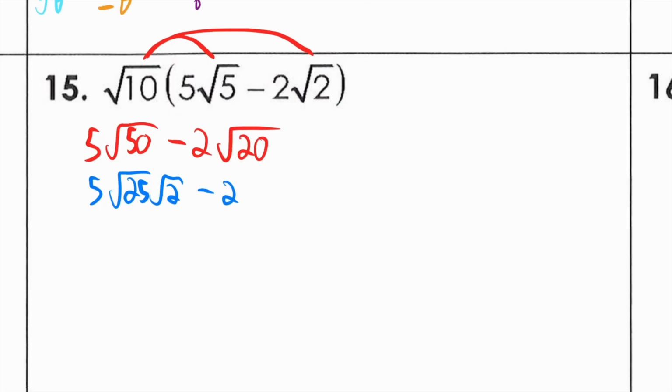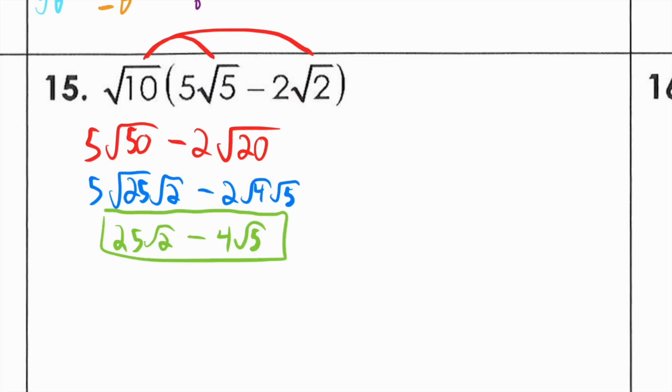Second one's 2 square root 4 square root 5. The first one is 5 times 5 is 25 once you simplify square root of 25. And the second one is 2 times 2 is 4 once you simplify square root 4. And so you get 25 square root 2 minus 4 square root 5. And you can't simplify these further because they're different radicands. They're both square roots, but one square root 2, one square root 5.